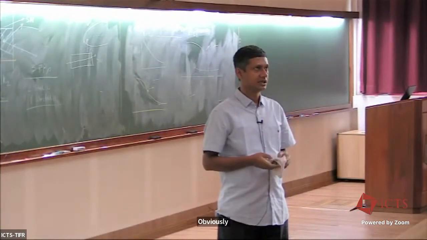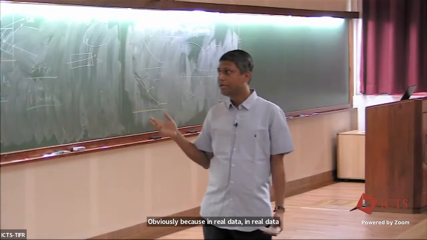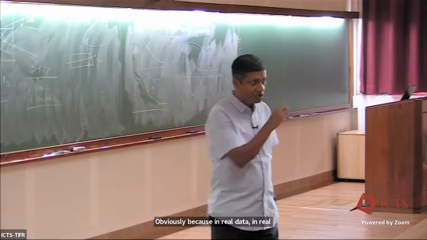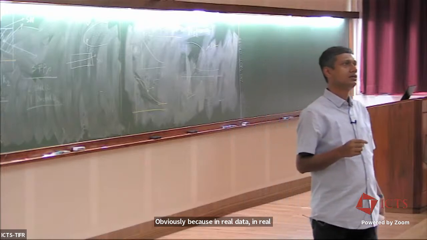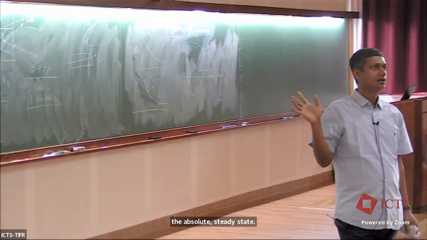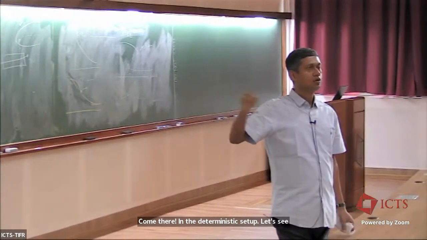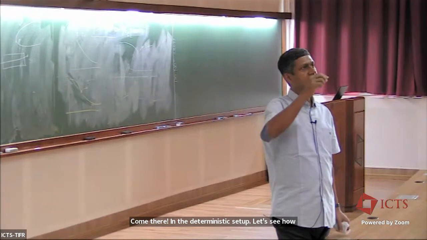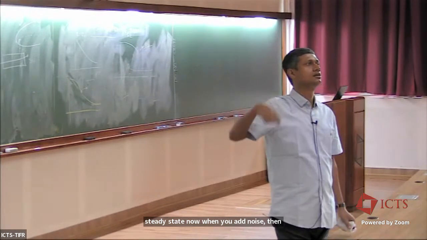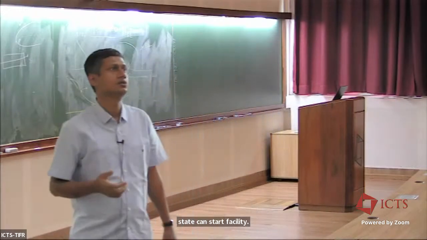Because in real data, to find the absolute steady state, if the fluctuation is a bit more, I will come to that in my next talk. In the deterministic setup, let's say you have a steady state. Now, when you add noise, that steady state can start oscillating. Tim Coulson and Pageman Rohini have a fantastic paper on that.